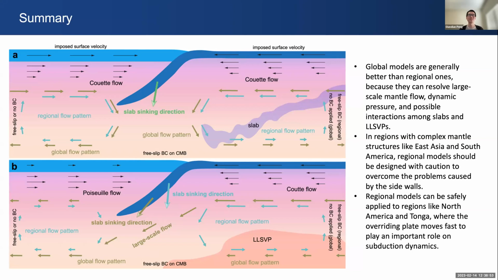In reality, the plate motion should be driven by the subducting slab. But at the current stage, data assimilation models always have imposed plate motion from plate reconstruction models. Ah, I see. So this is just how your model works. Yeah, not the reality. It's a model input. I see. Thanks.